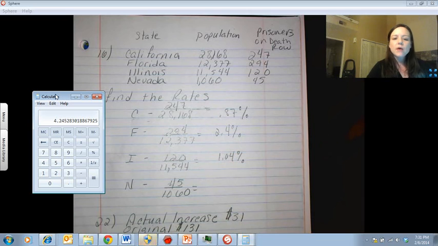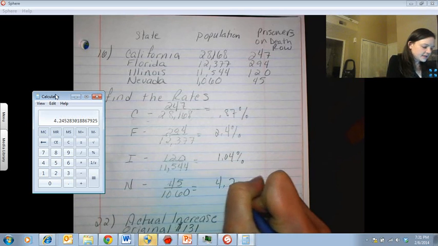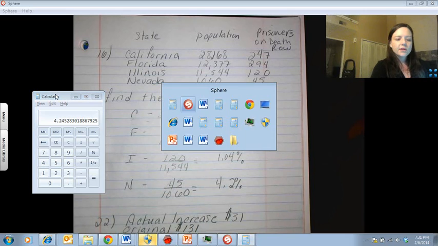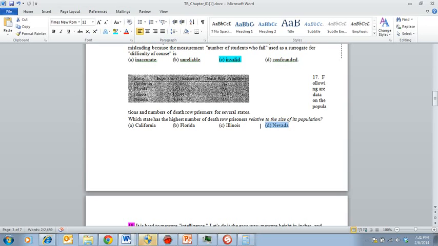Oh, actually, Nevada is the answer, approximately 4.2%. The highest one is Nevada, so if we go back to here, the answer is going to be D. And I'm not sure if it's because they have a lot on death row or just because their population is so small. But either way, there's the answer there.